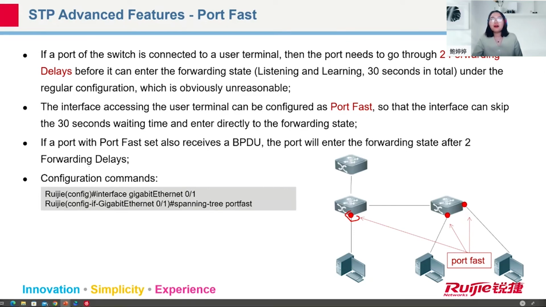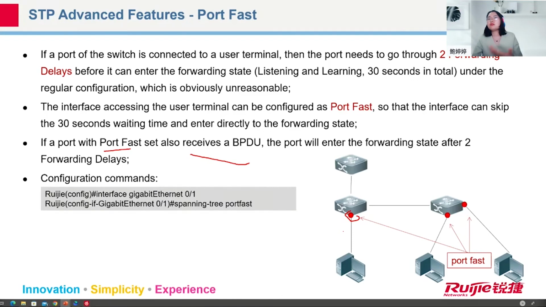And pay attention, if a port with this attribute also receives a BPDU, the port will enter the forwarding state after two forwarding delays. This mechanism is used to avoid the case where maybe I tell the engineer the fifth interface will be connected with a computer, but he forgets and connects it with a switch.